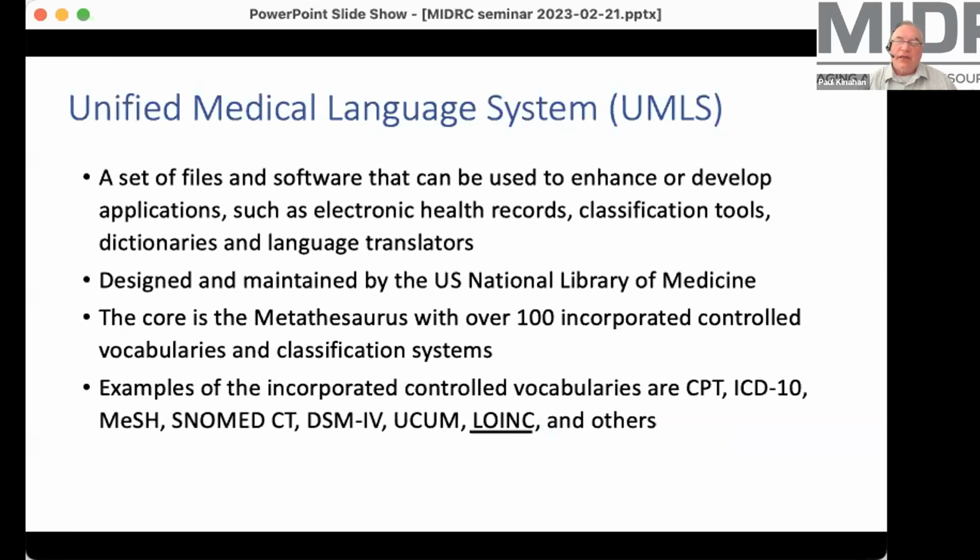The part we're most interested in, at its core, is something called the Metathesaurus. It tracks about 100 controlled vocabularies and classification systems, such as CPT codes, ICD-10 codes, MeSH codes, SNOMED CT, LOINC, and others.